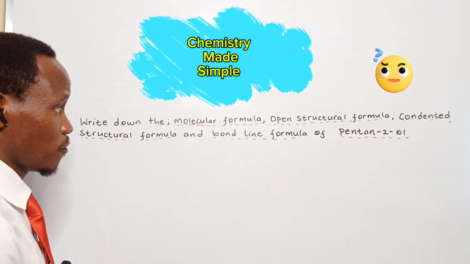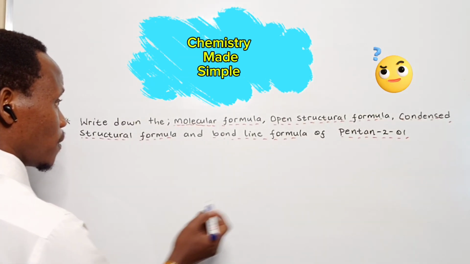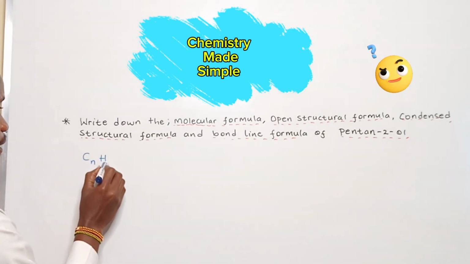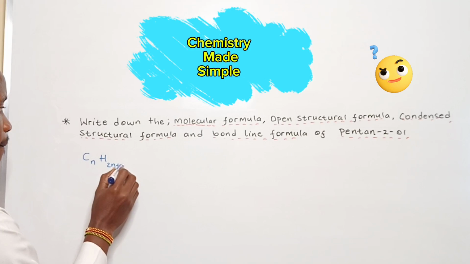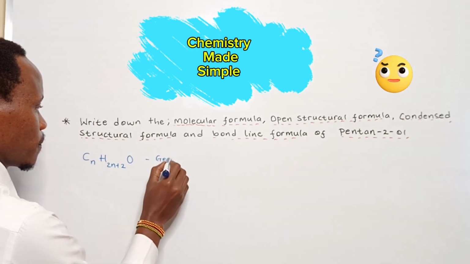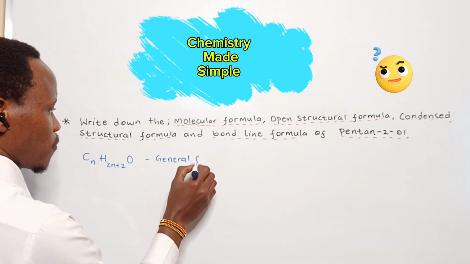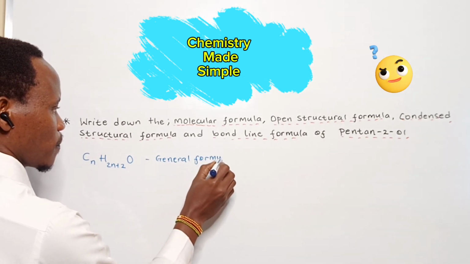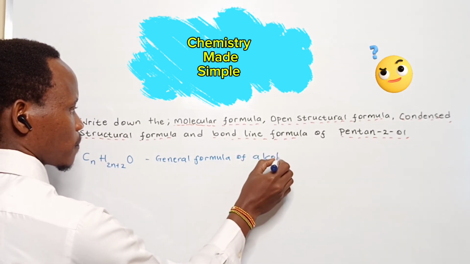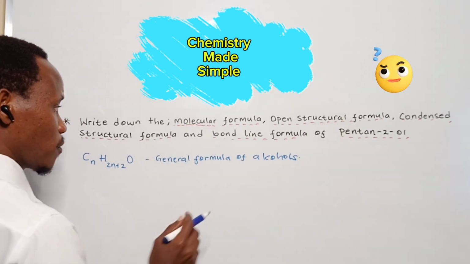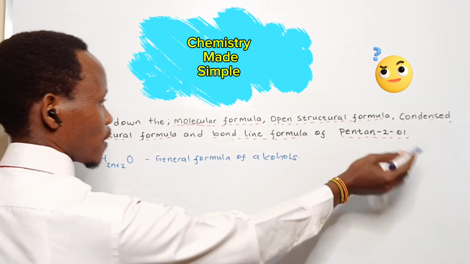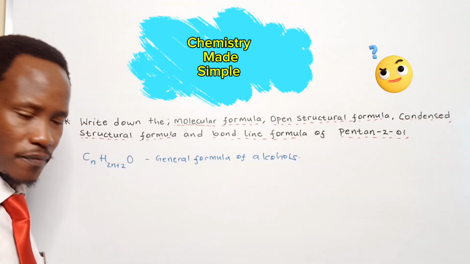So we start by writing our molecular formula. Remember that the general formula of the homologous series for alcohols is CnH2n+2O. This is the general formula of alcohols. Why the general formula of alcohols? Because our compound pentan-2-ol belongs to alcohols.